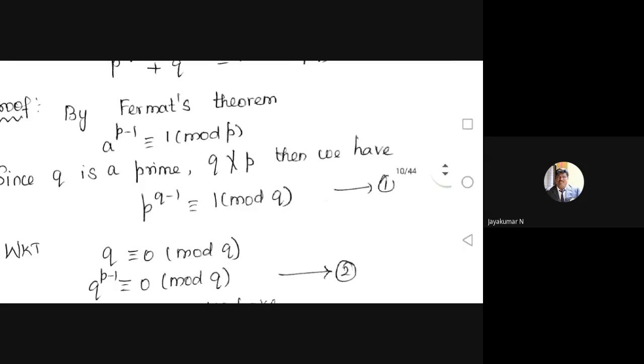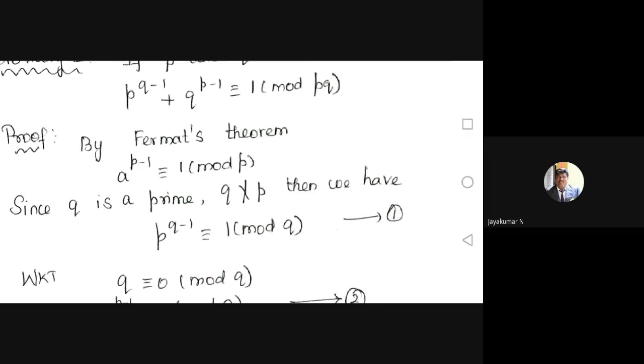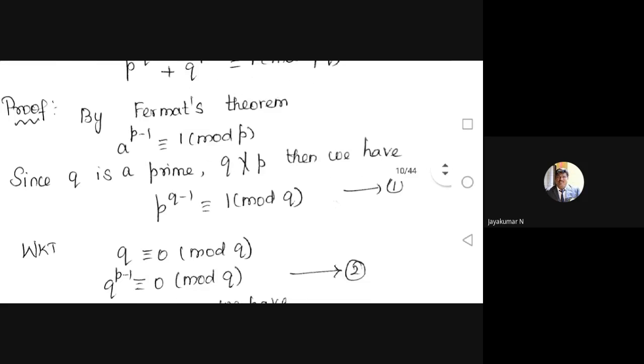We know that q is congruent to 0 mod q. Obviously, when q is divided by q, you get the remainder 0. Taking the power p minus 1 on both sides, q power p minus 1 is congruent to 0 mod q.